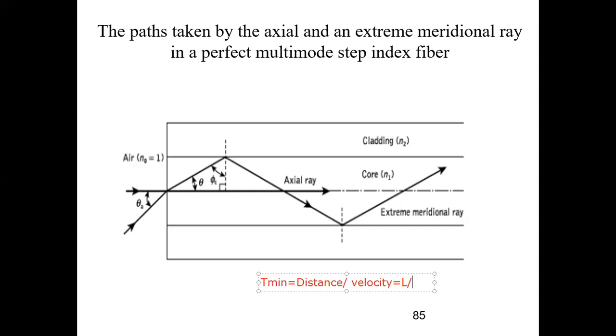So from there, what will be the velocity? C by N1. So it is C by N1. Okay, I'll go to the next slide.